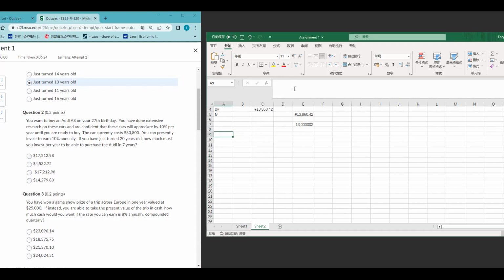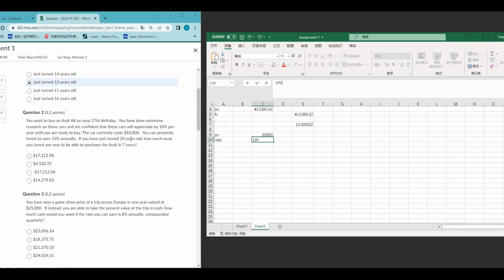So we know the PV right now. The present value is 83,800. And also we know the appreciation, you can presently invest at 10% annually. So we know the rate is 10%.